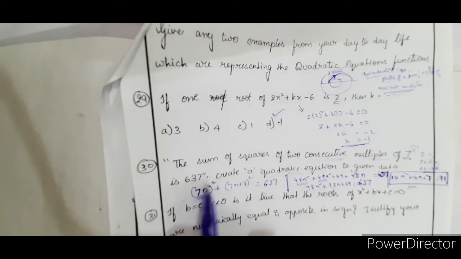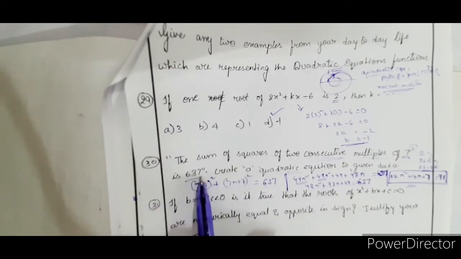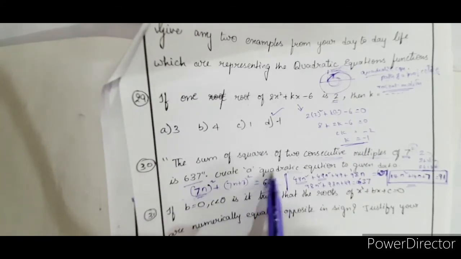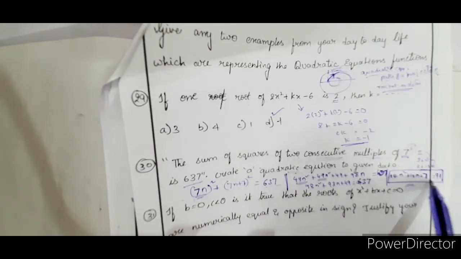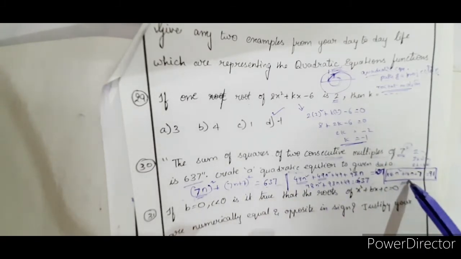So (7n)² + (7n + 7)² is equal to 637, which is given. This is the way you need to write. Afterwards it's only a simplification part, and then finally you will get the required quadratic equation.